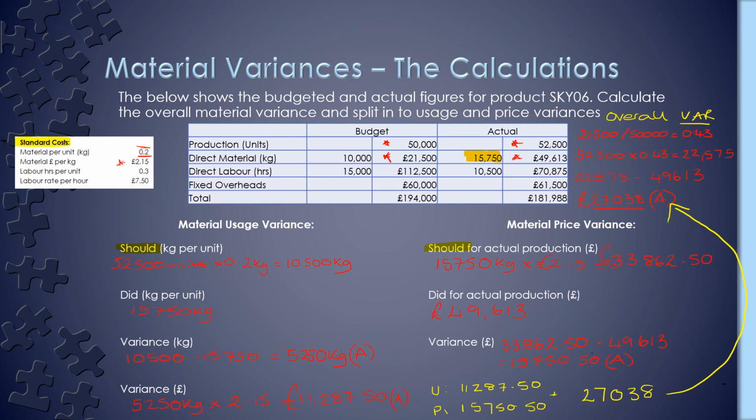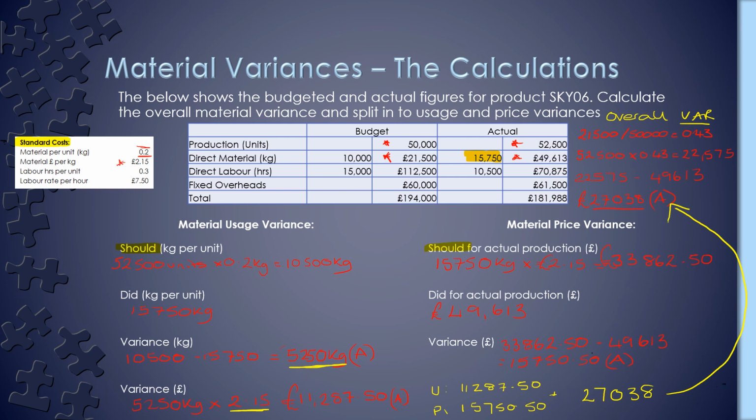Then we broke it down and said, how much material should we have used for the actual production? And then how much did we use for the actual production? That gave us our kilogram difference, and then we times that by our standard cost to give us it in a value.